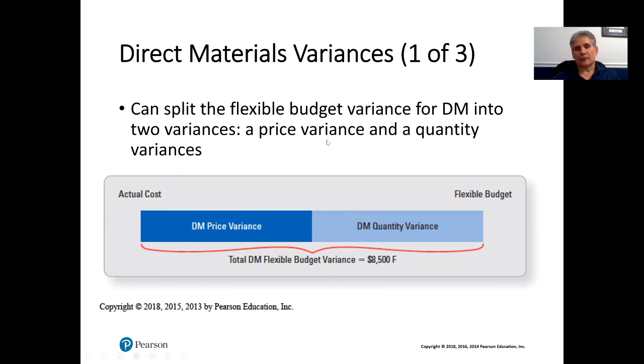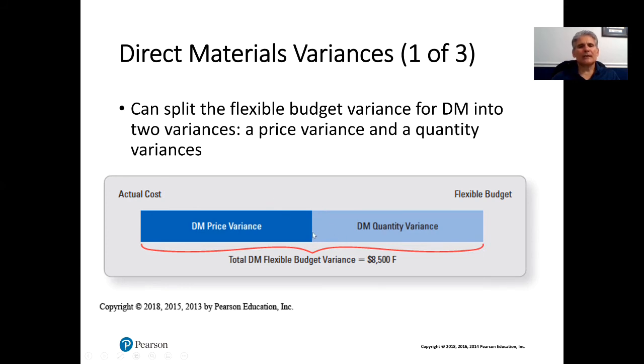One is referred to as the price variance, and the other is a quantity variance. So in other words, this $8,500 favorable variance that we computed based upon the previous slide for materials is really incorporating both a direct material price variance and a direct material quantity variance.